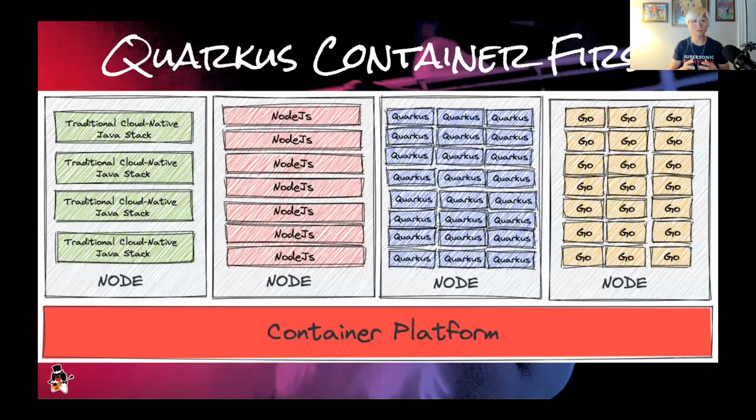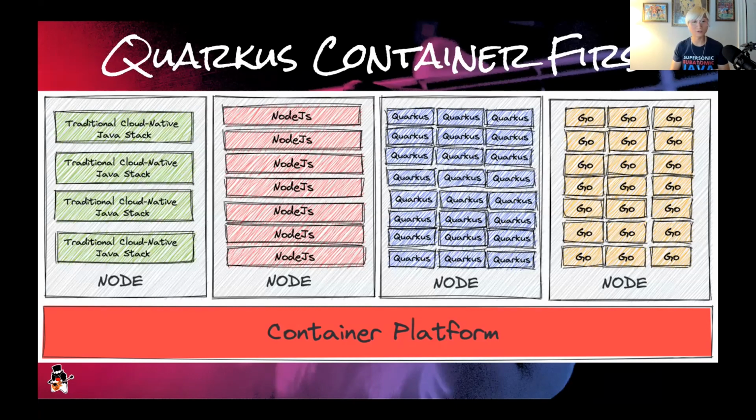And then with Kubernetes, like a container platform, just imagine that you can have the same resource density on your Kubernetes worker. Let's say you have 4 worker nodes on your container platform. And then on the left-hand side, you could only run four Microservices applications as pods.